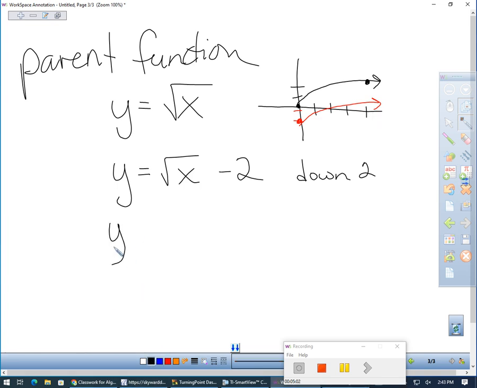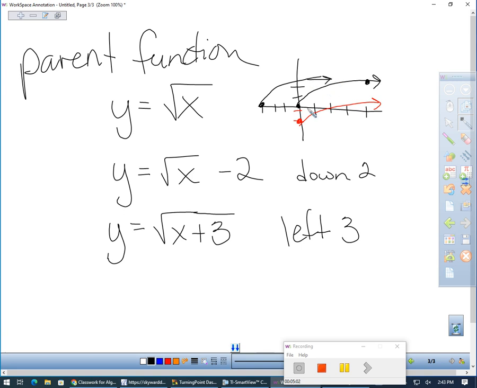If I had y equals the square root of x, and underneath that square root, I had, how about plus 3? Left 3, very good. So my curve here would go 1, 2, 3 to the left. Start right here and be the exact same curve.